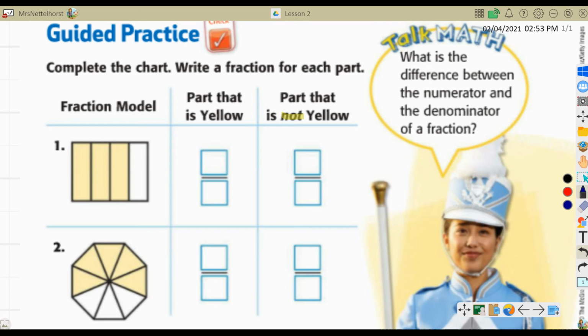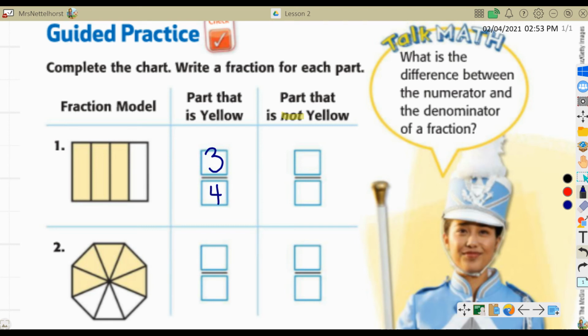So I'm looking at my first fraction model. So my first fraction is going to be the part that is yellow. Make sure your numerator names the parts that are yellow and that your denominator names the parts that are all the equal parts. Pause the video. Okay, so the parts that are yellow, I have 1, 2, 3 parts that are yellow, and I have 1, 2, 3, 4 equal parts.